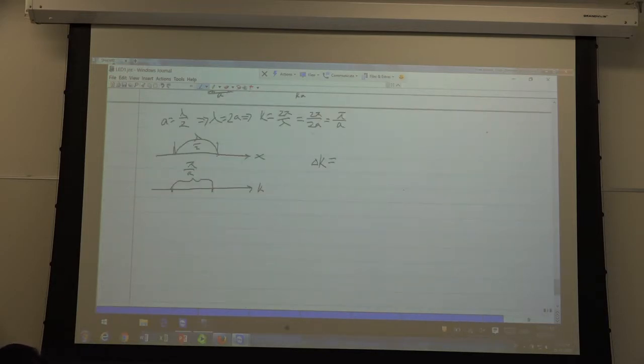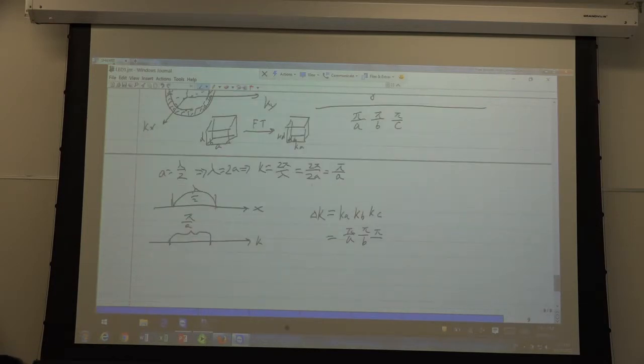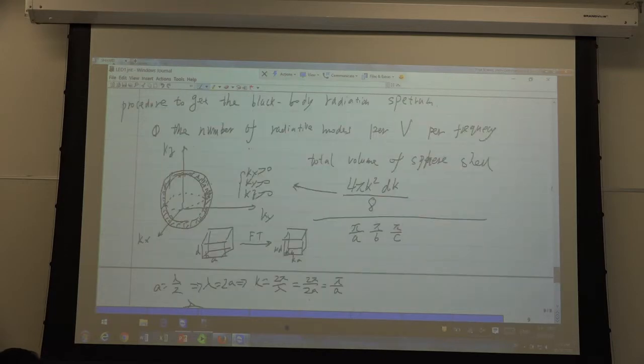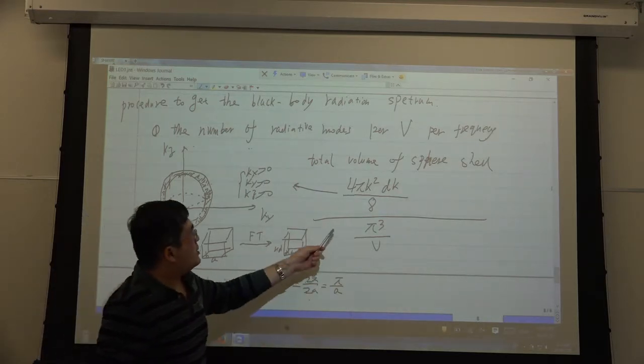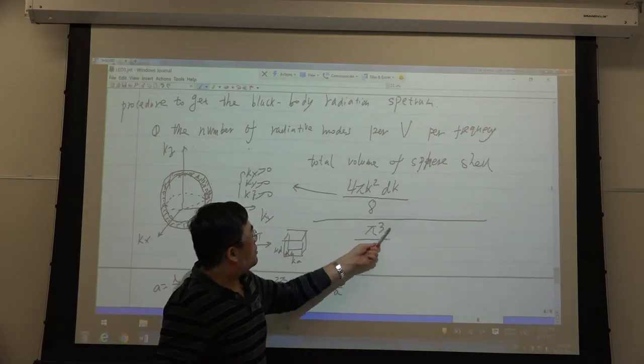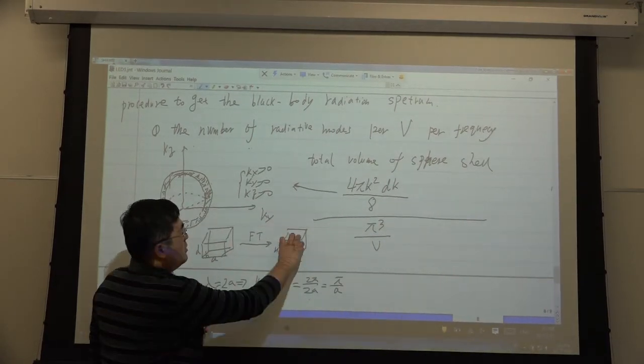So delta k is ka multiply kb multiply kc, which is pi over a, pi over b, and pi over c, so pi cubed over the volume. So the denominator is the minimum mode volume in k space.